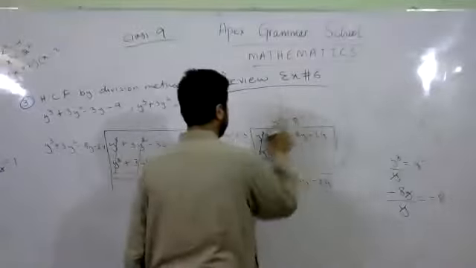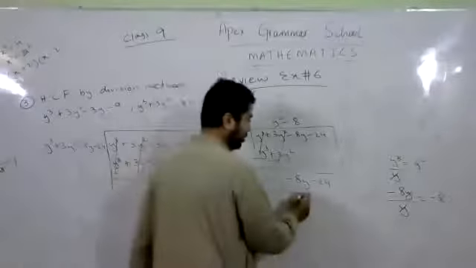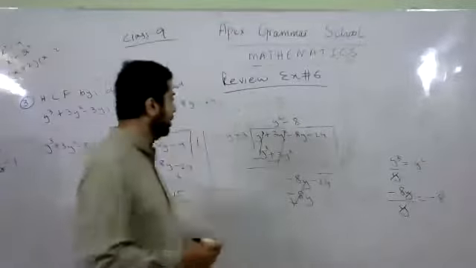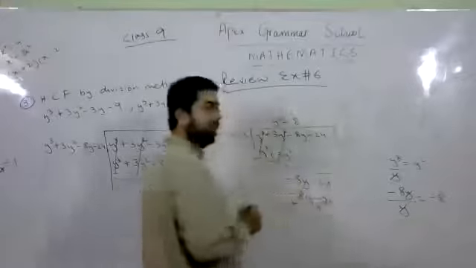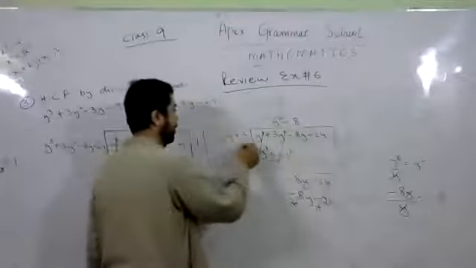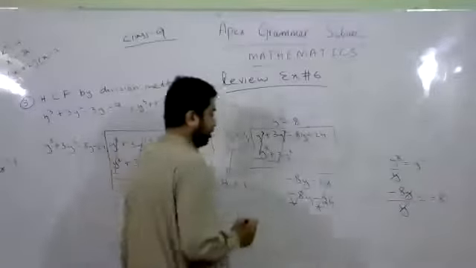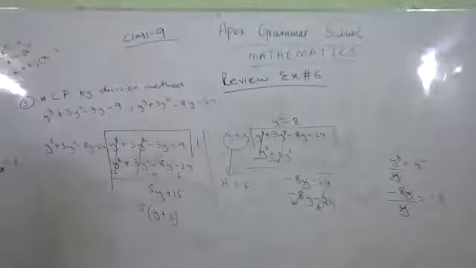This minus 8 you are going to multiply with this y, it makes minus 8y. Change the sign, cancel it. Minus 8 multiplied by 3 is minus 24, and change the sign again. And you are left with only this minus 3. This is the HCF, that is y plus 3. And that's it.